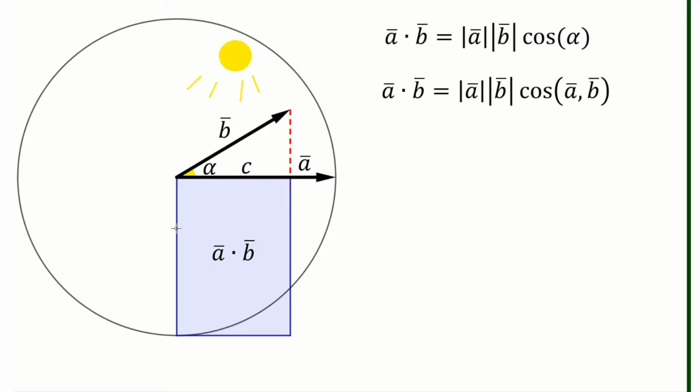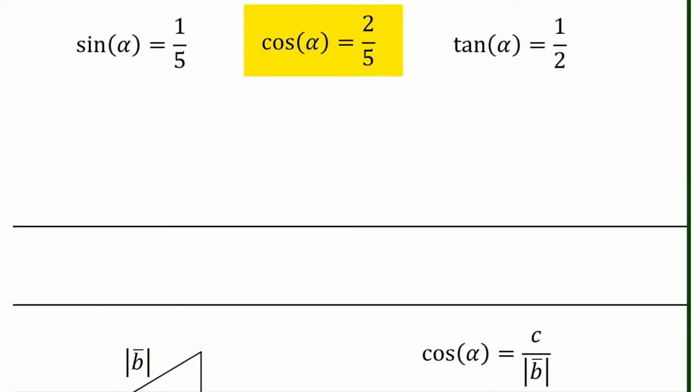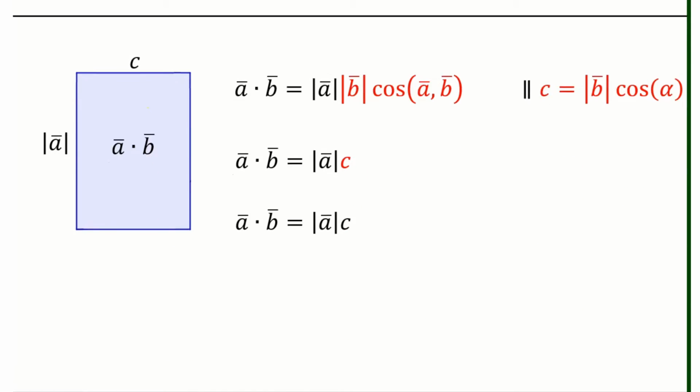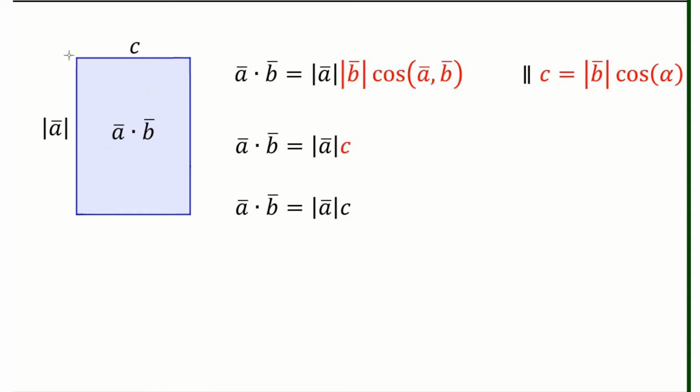So I can say that here this side is the length of the vector A, and this is the length of C, which is the projection of vector B on vector A. Alright? So now we are calculating this area, since we are multiplying its sides.